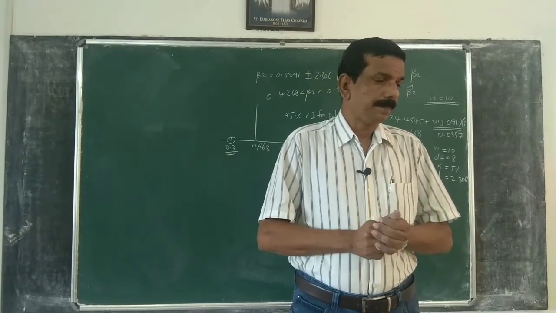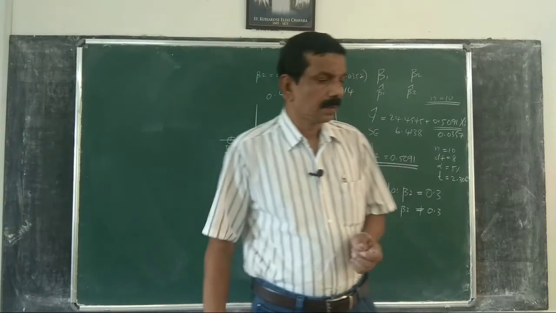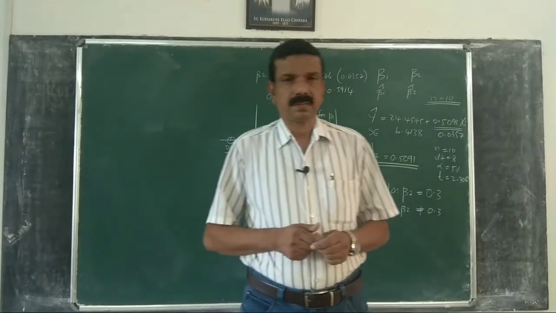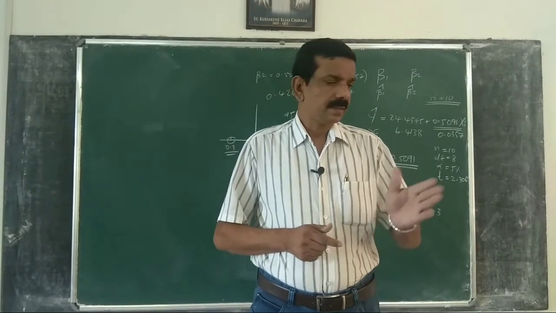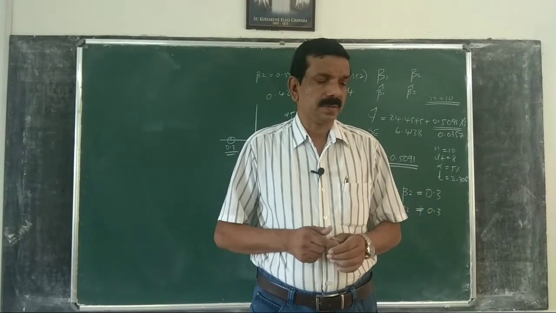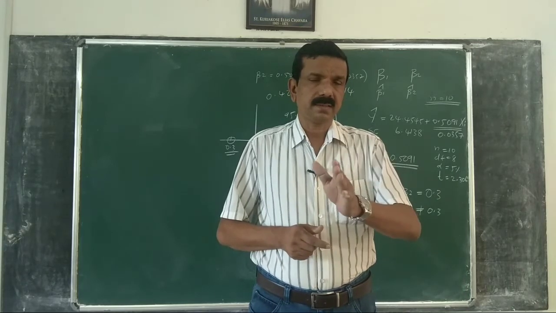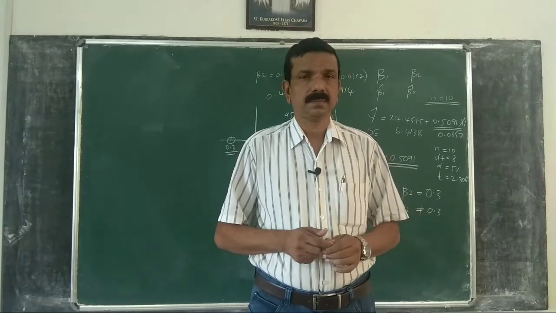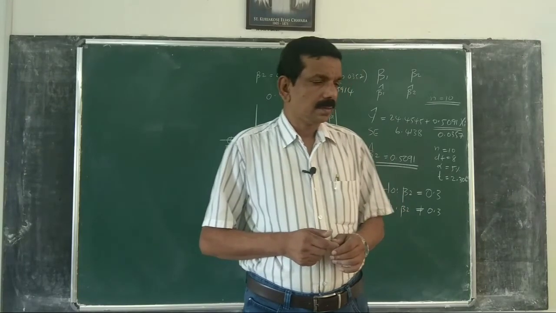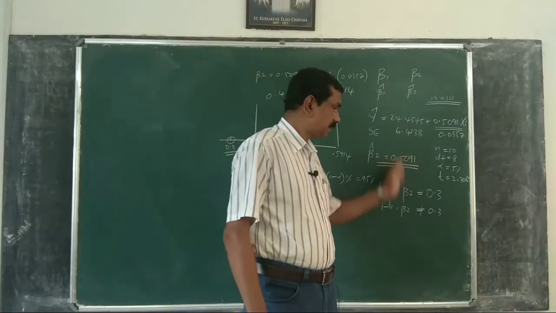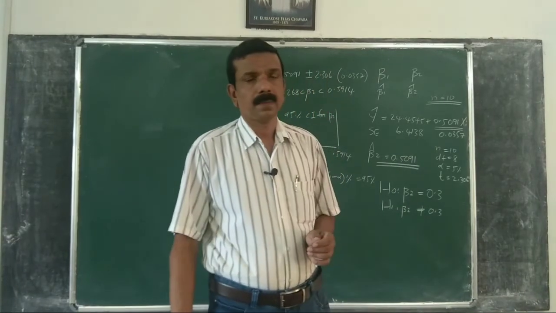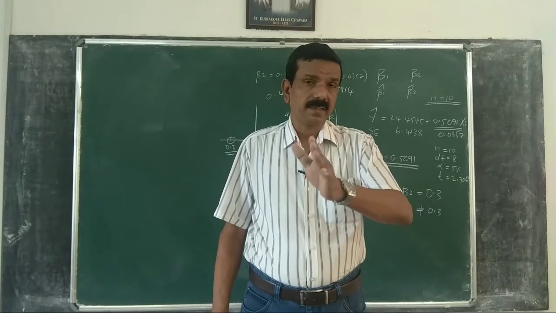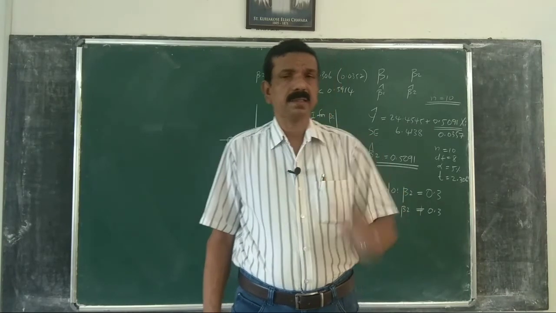Now, in the language of hypothesis testing, when we reject a null hypothesis, we say that our finding is statistically significant. And when we do not reject H0, we say that our finding is not statistically significant.